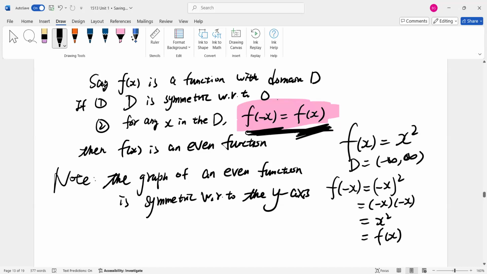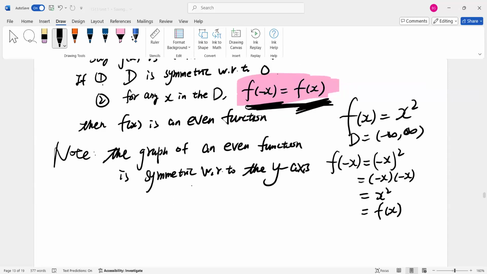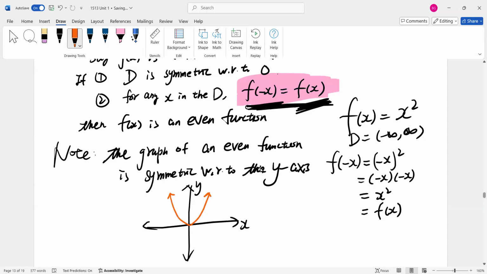And on top of that, let's look at the graph of the square function. We all know that's very basic. You really need to know the graph of the square function. It looks like this. The vertex is in the origin.